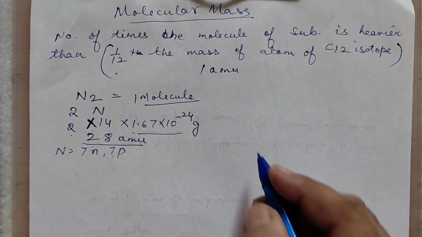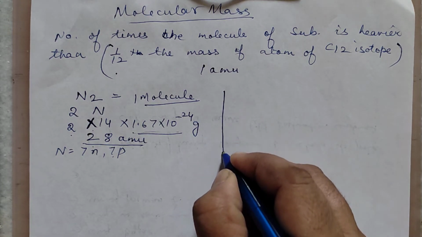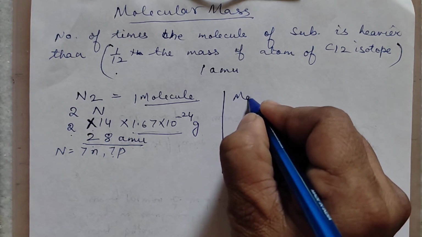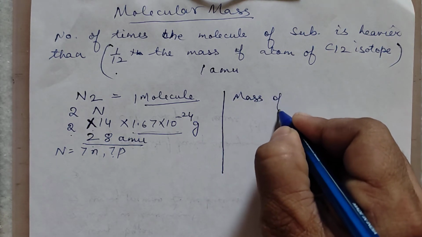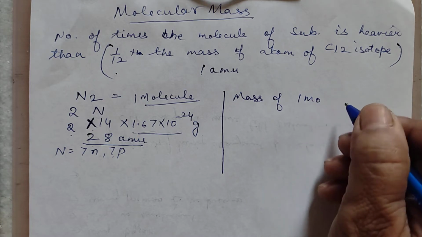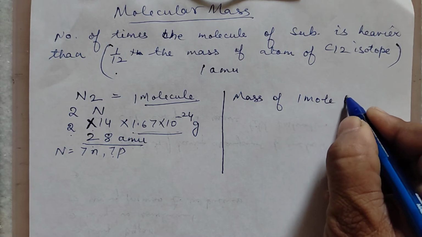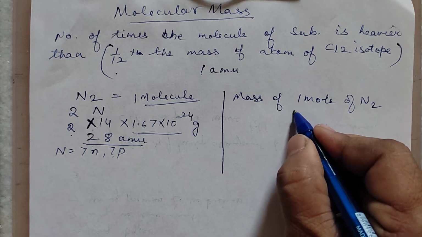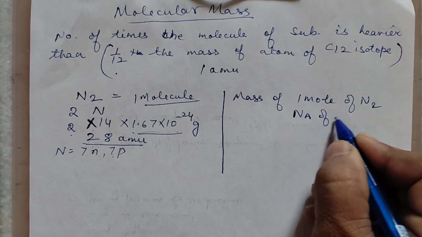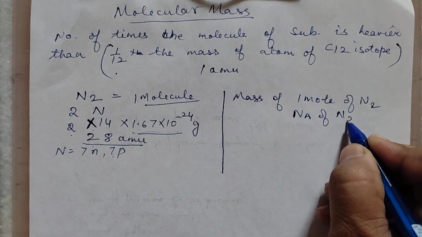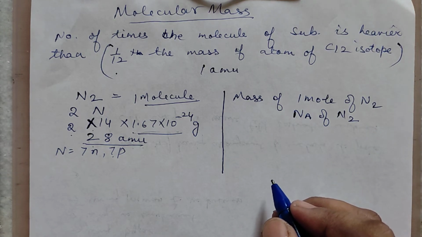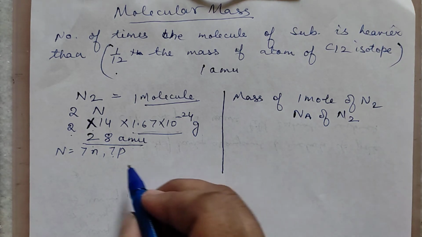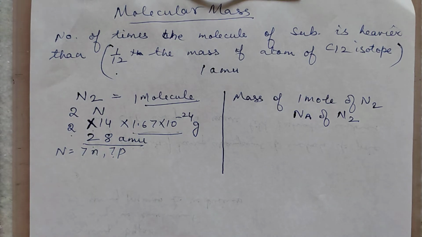So if we want to write down the mass of 1 mole of N2, we know 1 mole of N2 means Avogadro number of the nitrogen molecules. Then what are we going to do? We have to multiply this with Avogadro number.